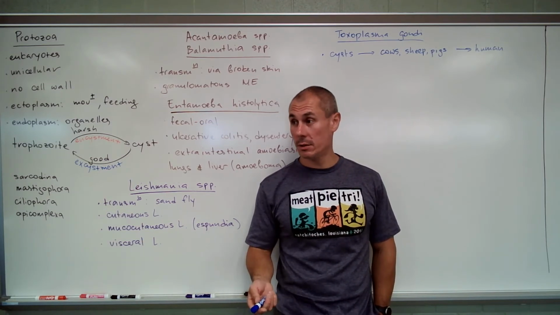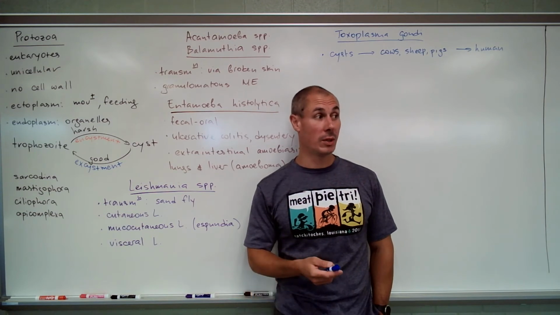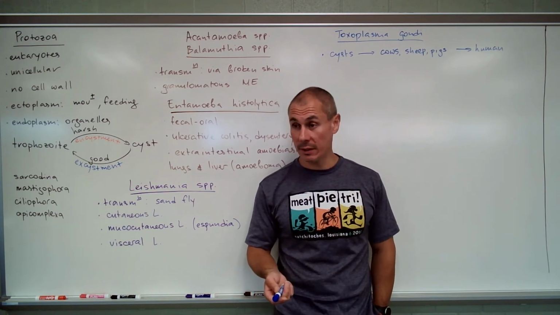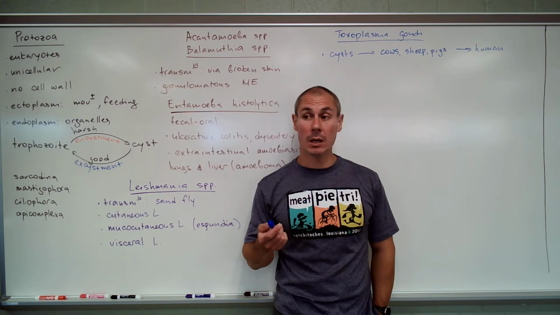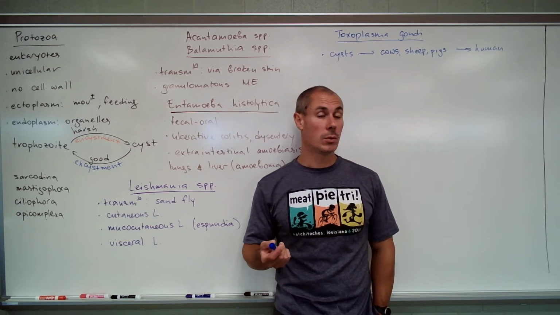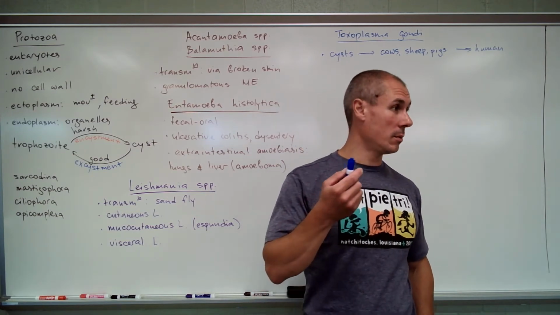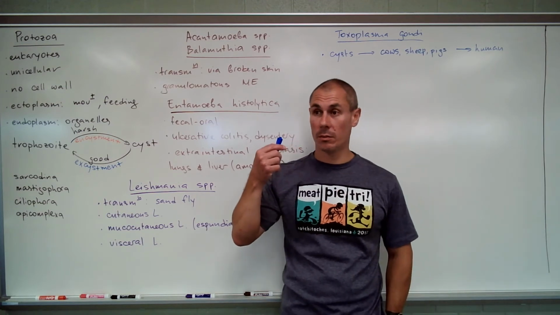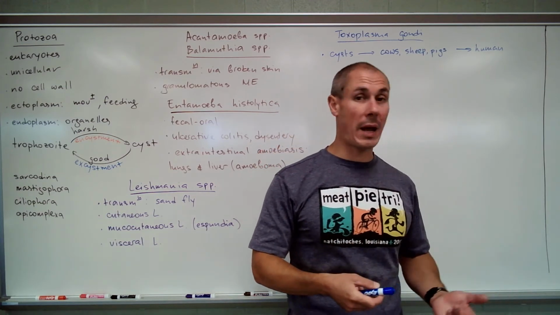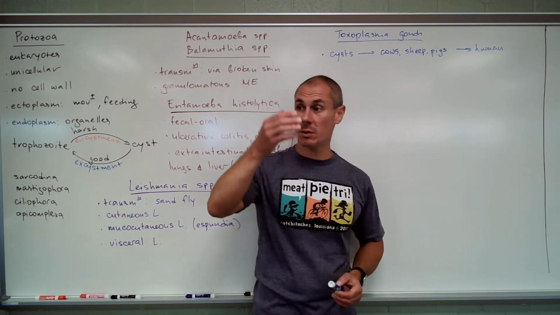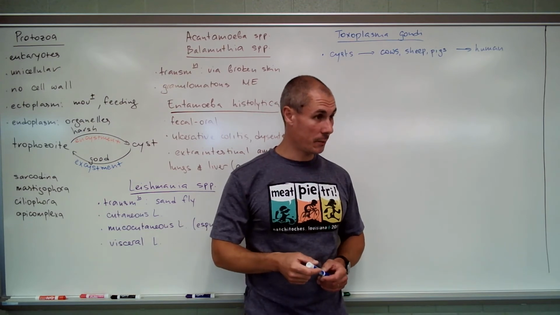Patients with AIDS, toxoplasma is a plague for them, results in encephalitis, and neonates. Toxoplasma is one of the really important TORCH pathogens that are transmitted via placenta.